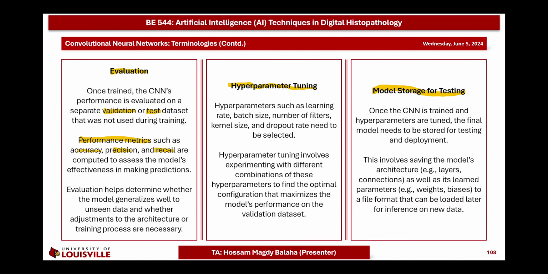So you are training a model and then you have to store it after tuning the hyperparameters and the parameters. So you are storing the architecture, which is a design, and parameters such as weights and biases in a suitable file, depending on which package or which library you are using, to be used later for inference on new data.